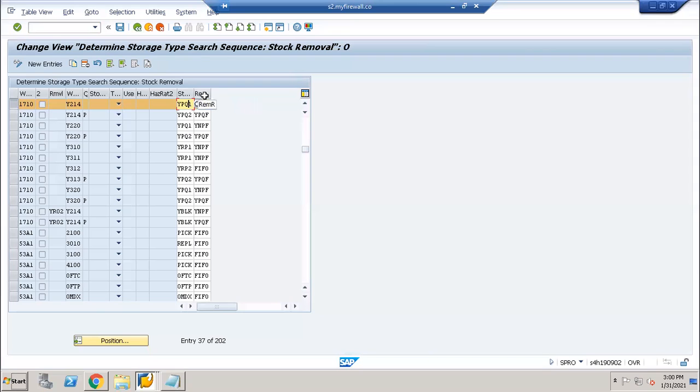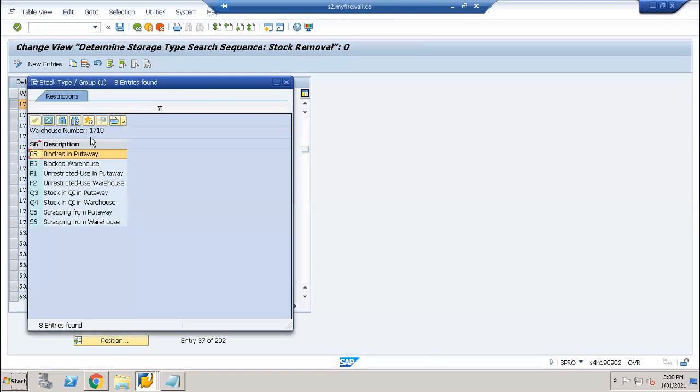We also have stock types. Let us suppose we have stock types F1, F2, F3. Sometimes we have Q3 stock type, and for Q3 stock type we can have a different strategy.